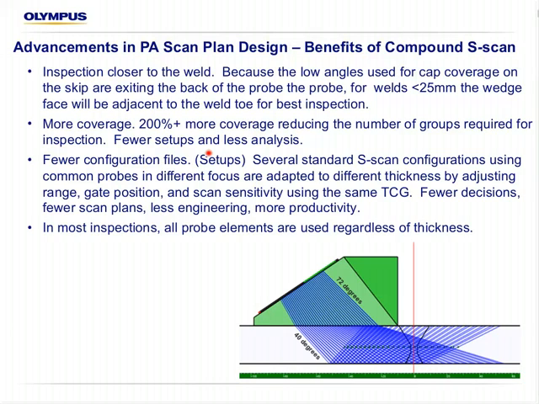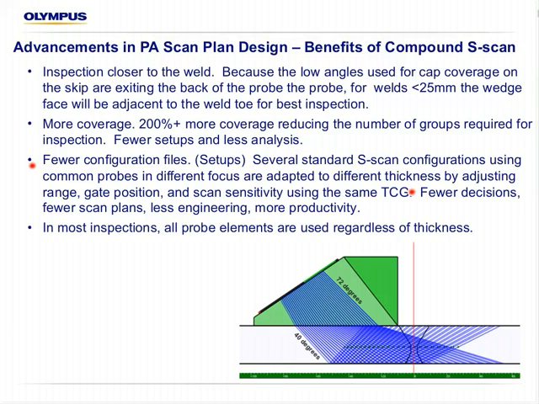Several standard S-scan configurations using common probes in different focus are adapted to different thicknesses, where only the range, gate position, and scan sensitivity need adjusting, typically a B31 piping notch or side drill hole for sensitivity based on that weld bevel. And that amounts to fewer decisions, fewer scan plans, less engineering, and much more productivity.